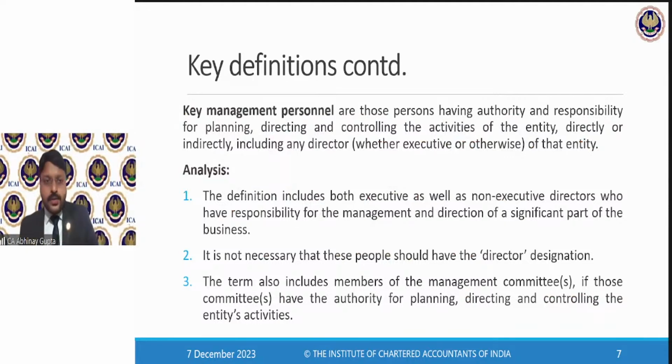Now, one more definition before we actually kick off with the standard requirement is key management personnel.